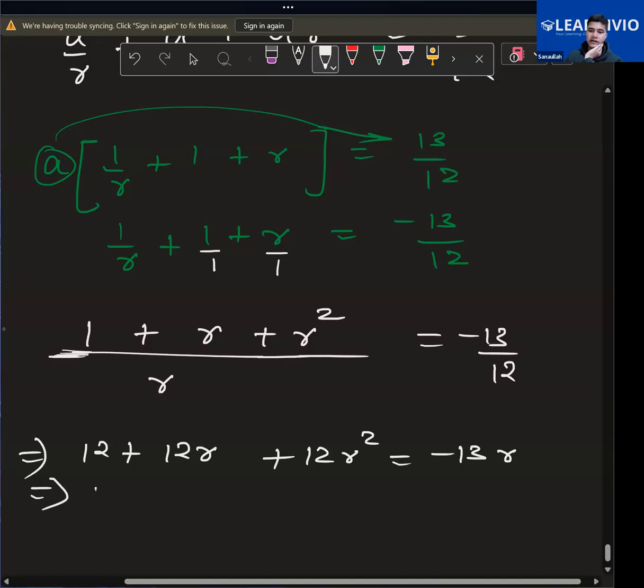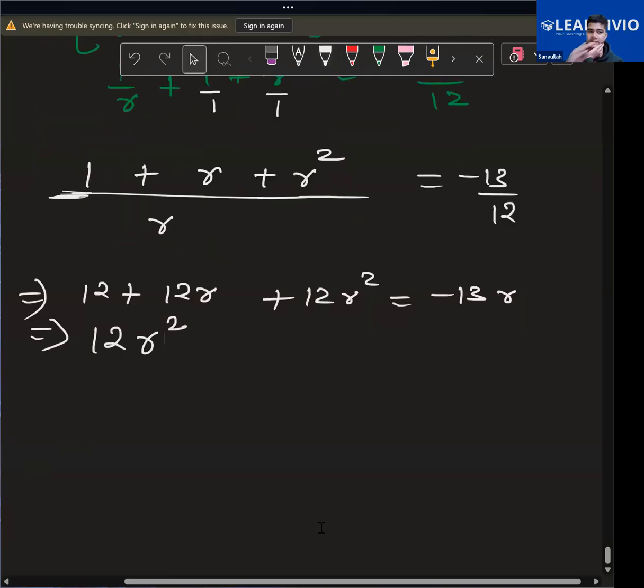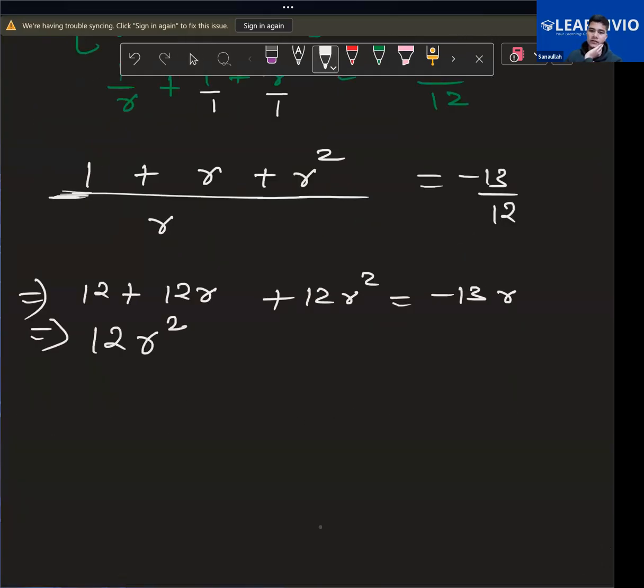Now I can take this 13r on the LHS. So it will become 12r square. First of all, I have to write the equation in descending power. So 12r square plus 12r plus 12, and this minus 13r will come on the LHS and it will become 13r.